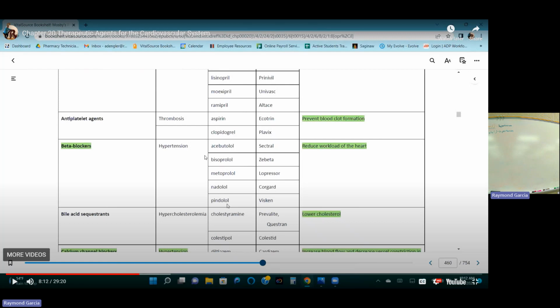So whenever you see acebutolol, bisoprolol, metoprolol, you'll see a lot of that. Nadolol, pindolol, you should automatically think these are beta blockers. They treat hypertension or high blood pressure, and they reduce the workload of the heart. Also become familiar with the brand names to those.